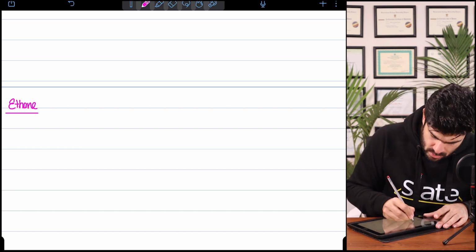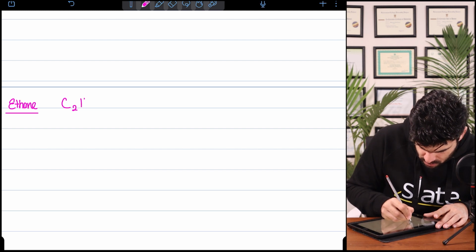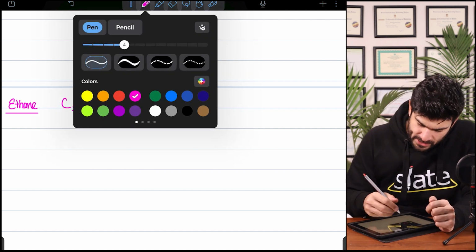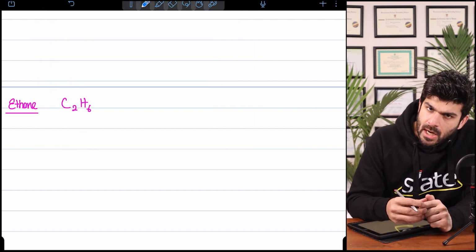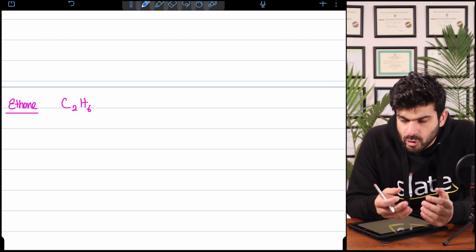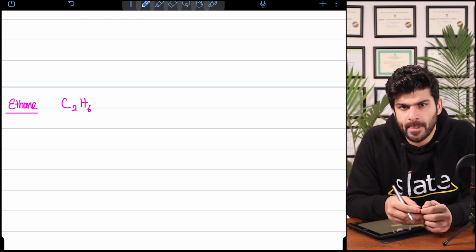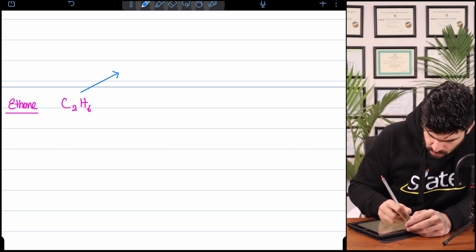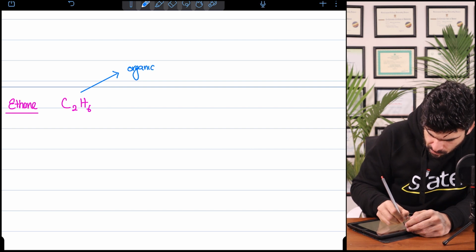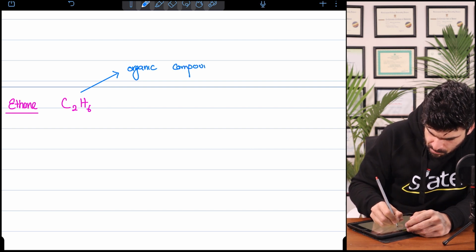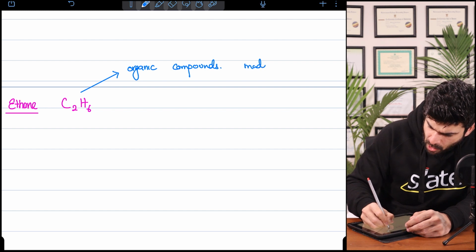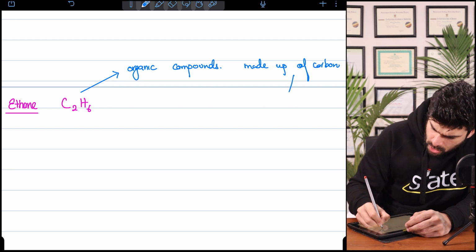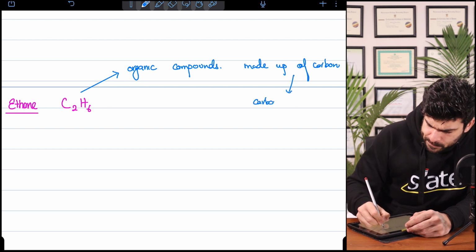Ethane. C2H6. So let's talk about, in this, whenever you have to make a diagram, an electronic configuration, or show the bonding of organic compounds, made up of carbon or carbon skeleton.